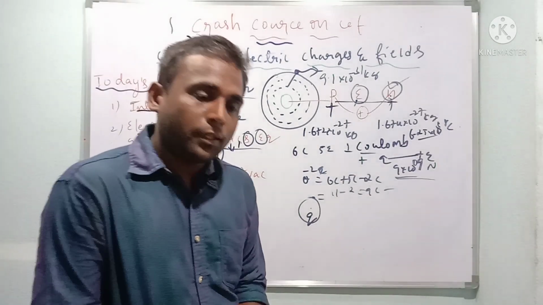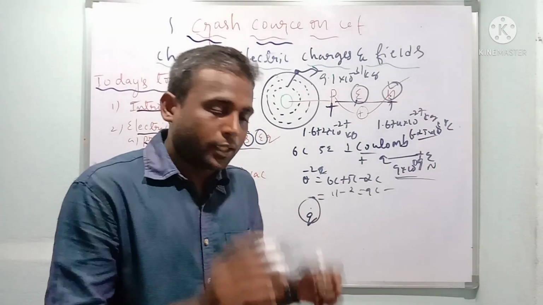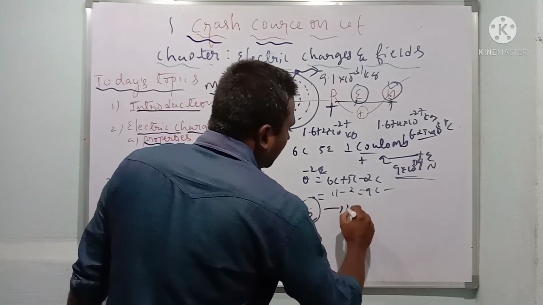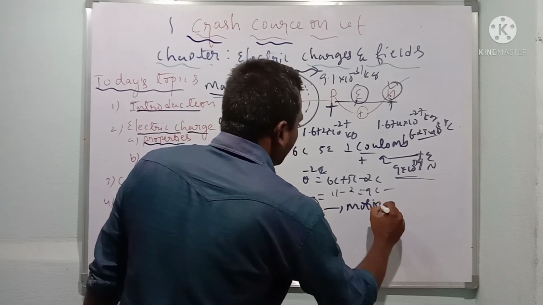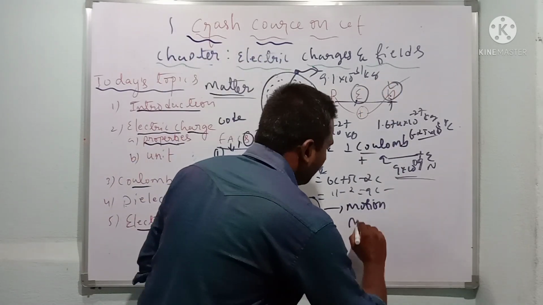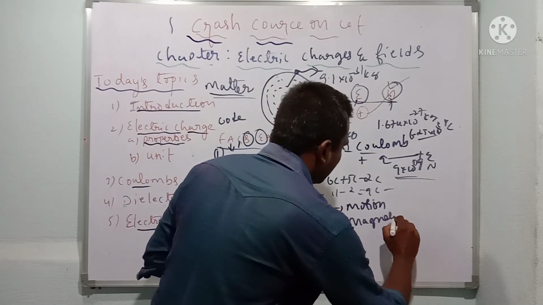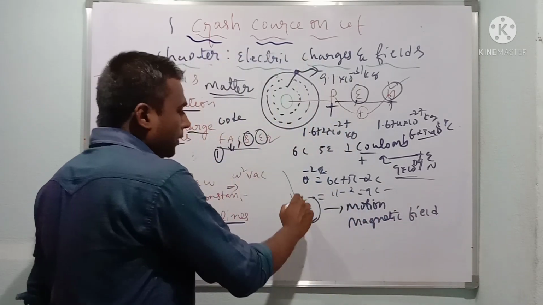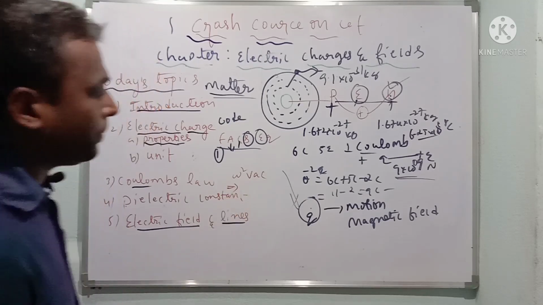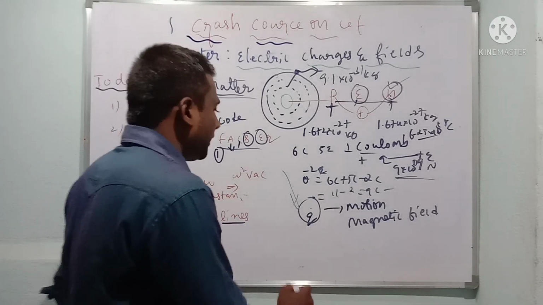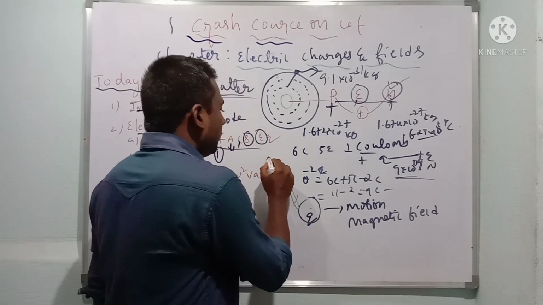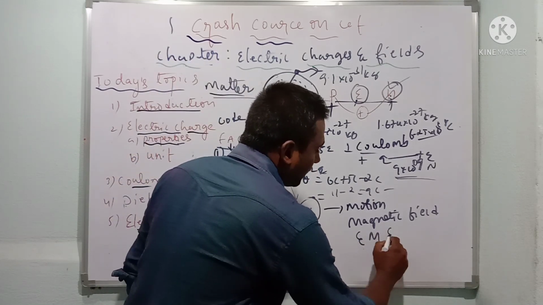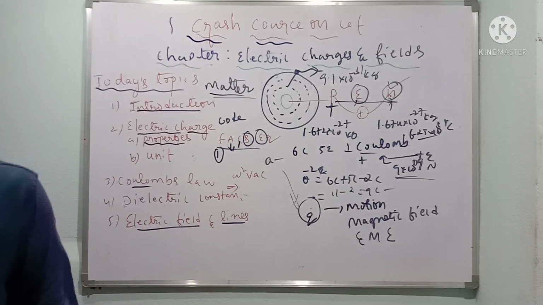Like charges repel, unlike charges attract. Next, if this charge is in motion, dear children, it is going to produce a magnetic field. If I supply more energy, what is going to be produced, children? Electromagnetic radiation. When it is accelerating, it is going to produce electromagnetic energy. Please note down the points, children.